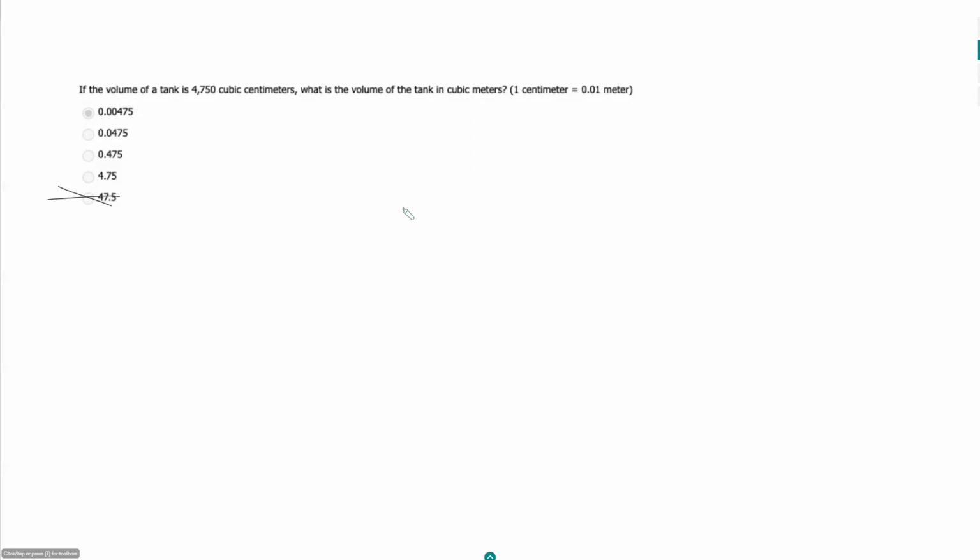The way I think about this is, anytime you see units such as cubic centimeters or square inches, those are units of area and units of volume. They are units derived from some base unit.